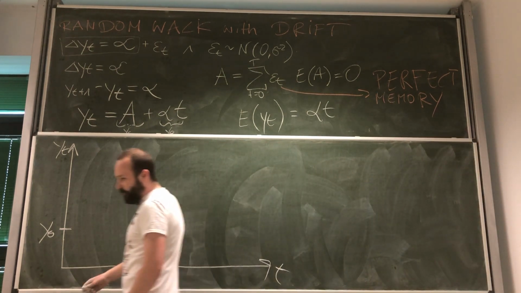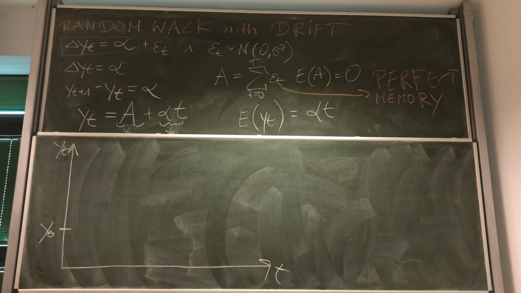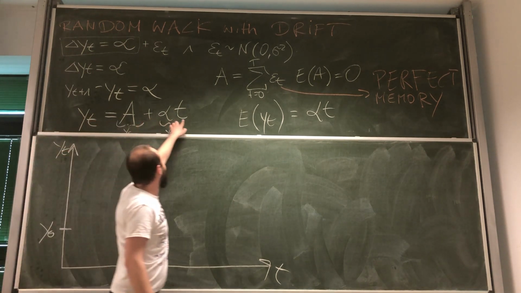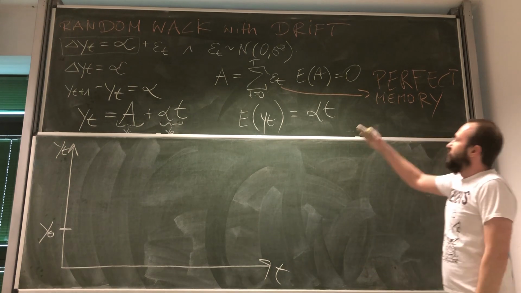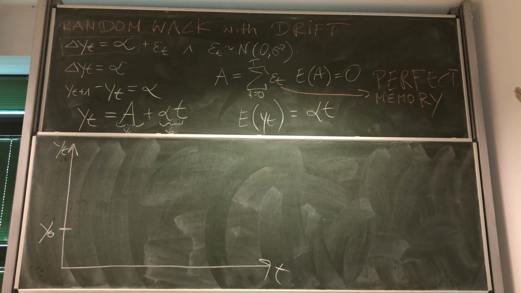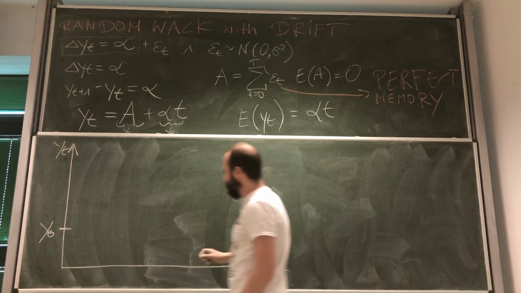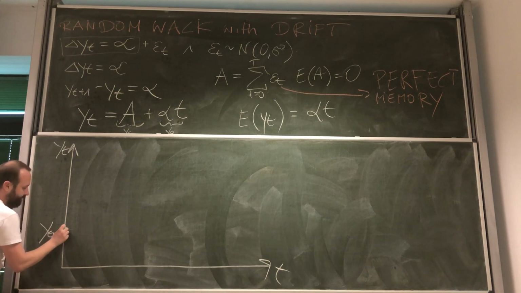Okay, so the first thing we should notice here is that we've got a time trend, right? So as time progresses by one period, the value of yt increases by alpha. So you would have it like this.